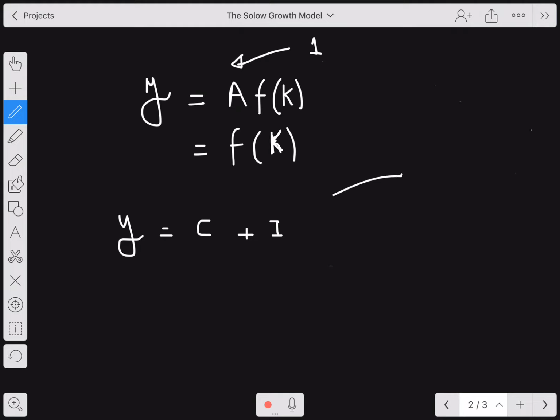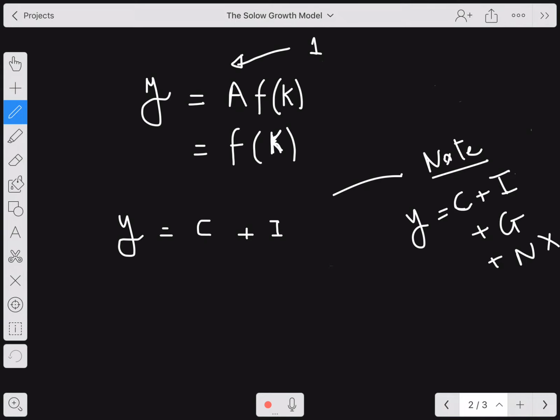Let's put this as a note: Y in principles of macro was equal to C plus I plus government spending plus net exports, which is exports minus imports. We're not talking about this now. We're making a very simple model that only depends on consumption and investment.